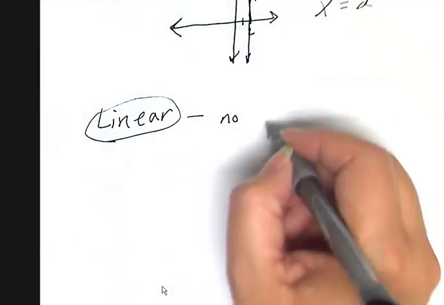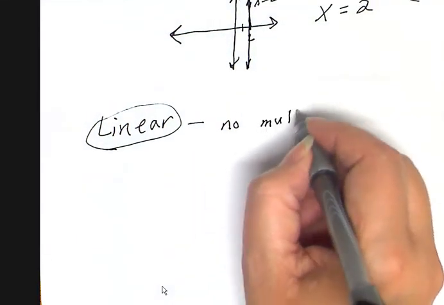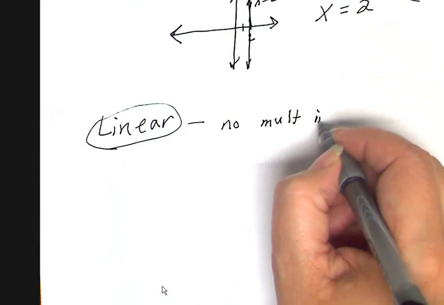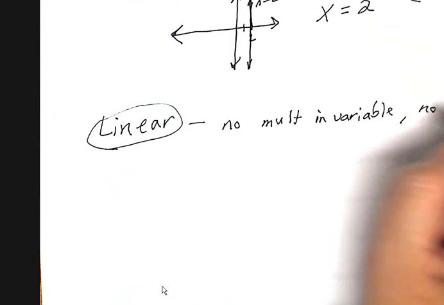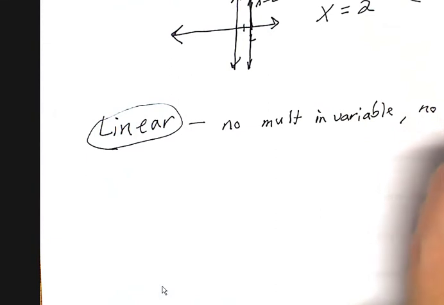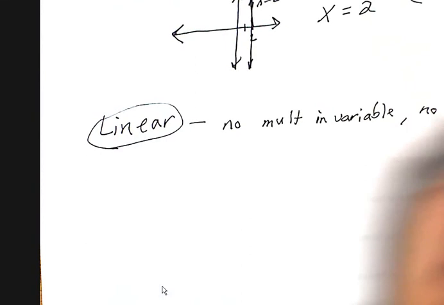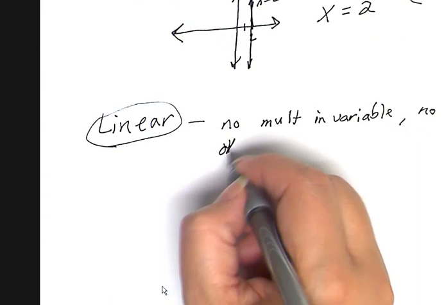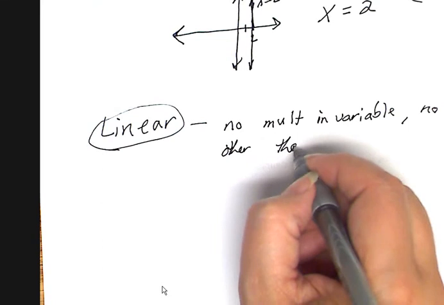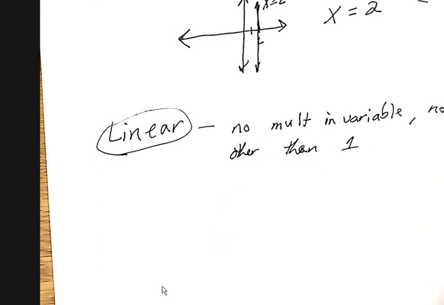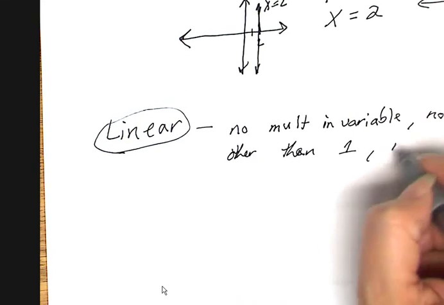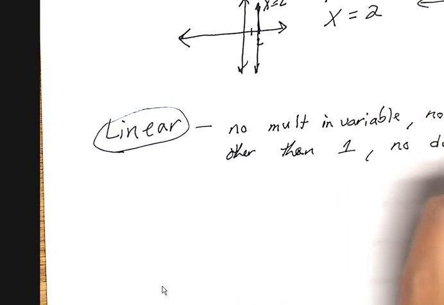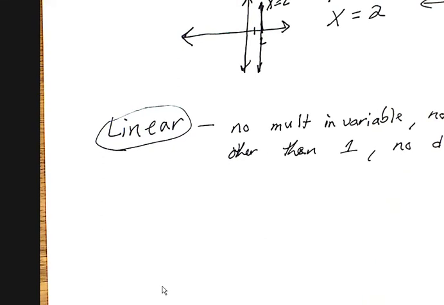So no multiplication between variables. No exponents besides your 1, so no squares. Anything else you guys put? No division. All right. Any other things that you want me to add to it?